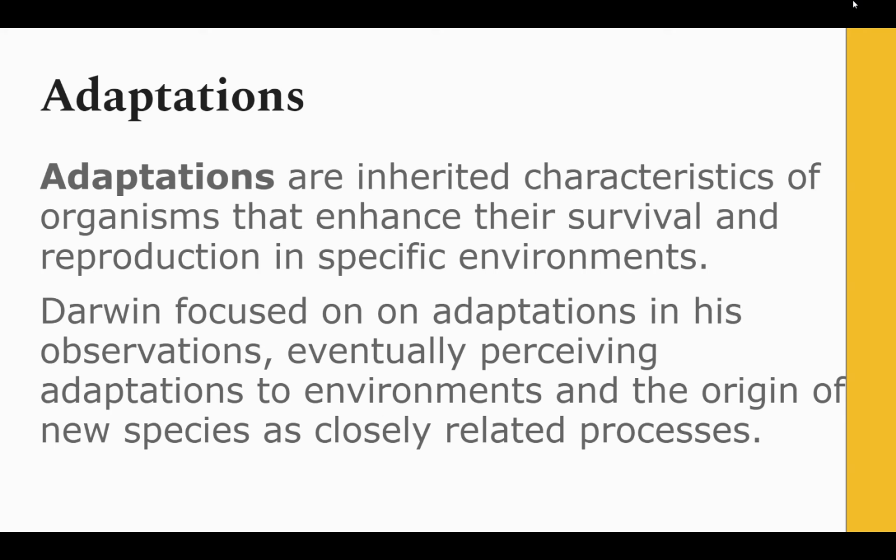So adaptations are inherited characteristics that help an organism survive in their specific environments. And Darwin said, hey, this idea is really close to what I think the origin of new species is.